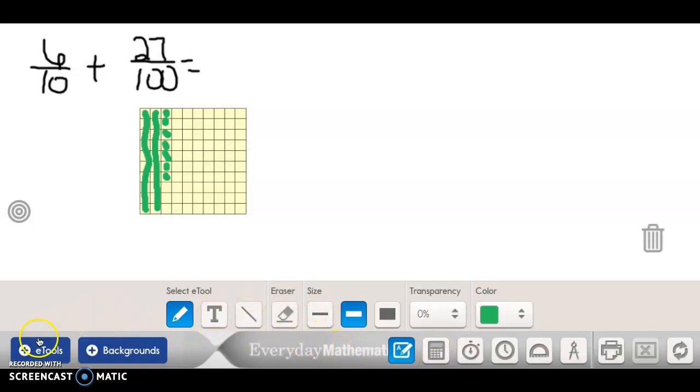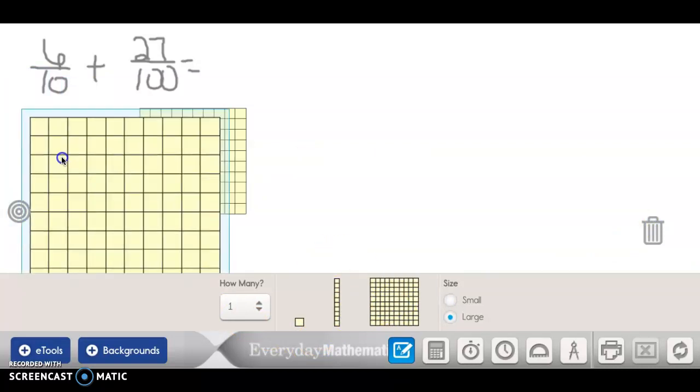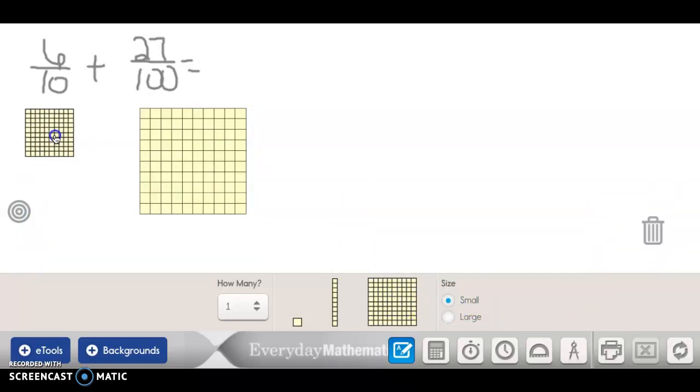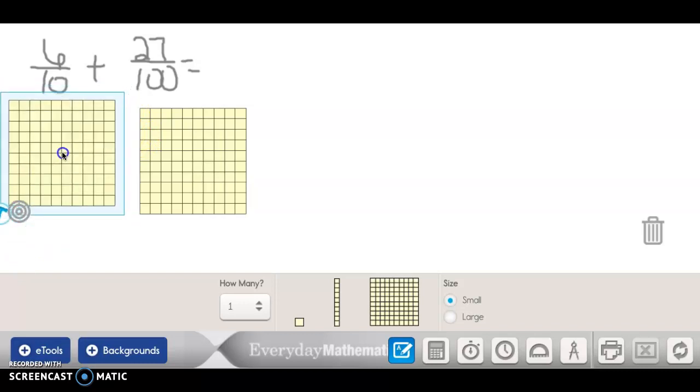Now, if I do the 6 tenths, go back to my tools, I would have 6 of these longs. Another way I could do that is actually using the flats, because we know in the flats, again, let me use the smaller one, these have 10 longs in them. There is 10 groups of 10, 10 going across and 10 going down, which makes 100 in this block.